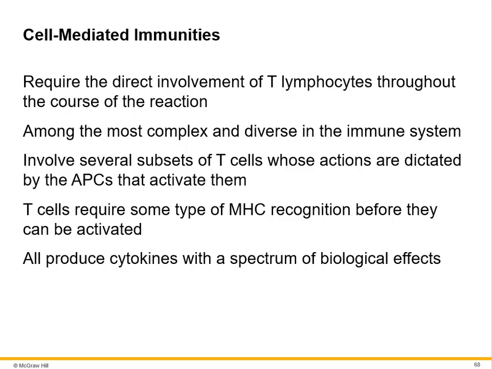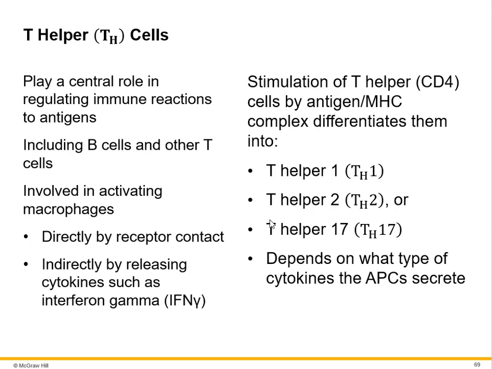So the cell-mediated, so the T helper cells, we saw these have CD4 markers, and they play this central role in regulating the immune reactions to antigens. And so they activate B cells and other T cells, and some of these involve activating the macrophages.